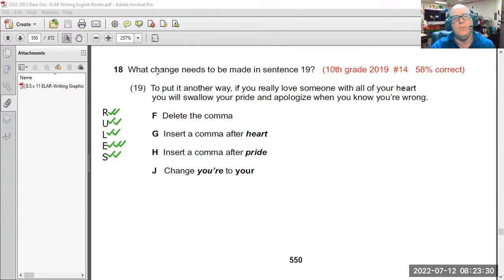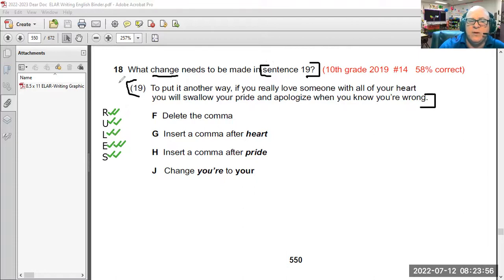So the question said, what change, underline change, make a little bracket called labeling around the sentence that you're going to look at. So question 18 is going to be looking at sentence 19. You open the bracket at the beginning of sentence 19 and close it at the end.